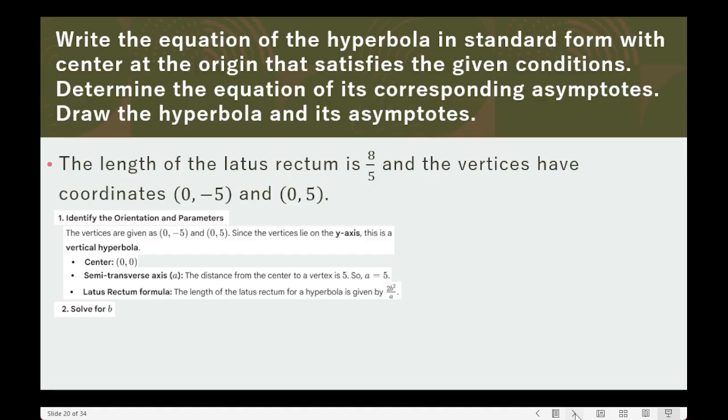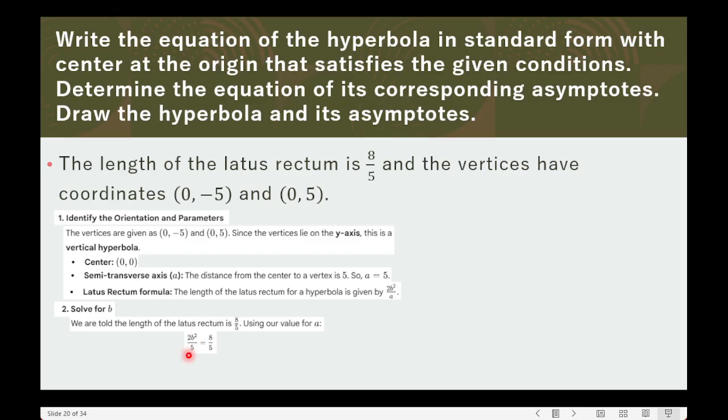To solve for b, we are told that the length of the latus rectum is 8 over 5. So using our value for a, we have 2b squared over 5. Actually, this is 2b squared over a, yes. So 2b squared over 5 equals 8 over 5.